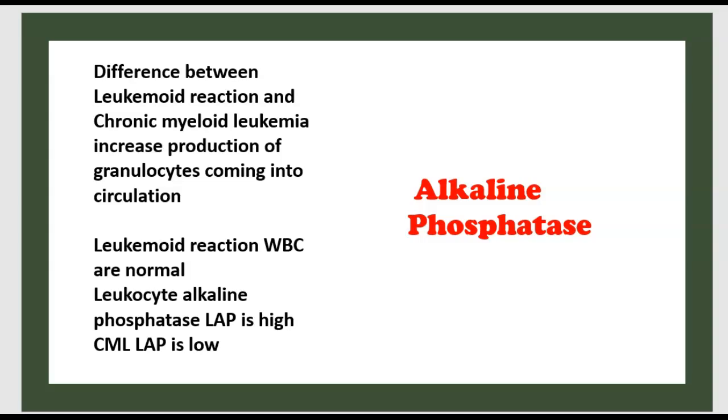If leukocyte alkaline phosphatase is high, that means leukemoid reaction. If leukocyte alkaline phosphatase is low, that means chronic myeloid leukemia.